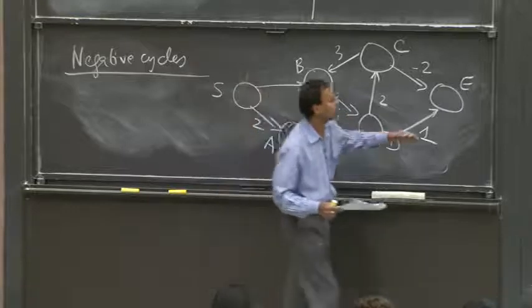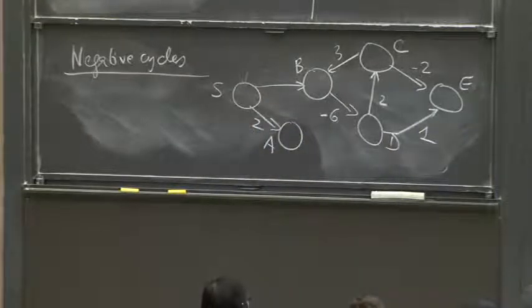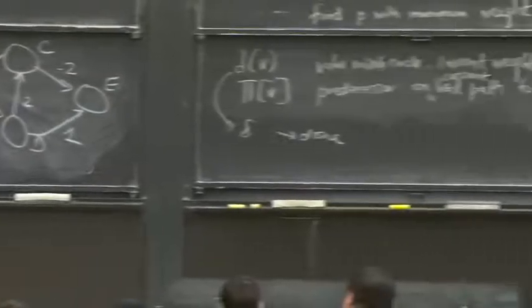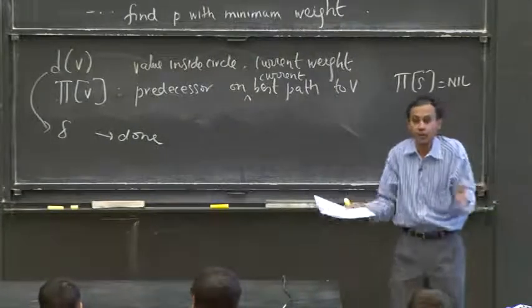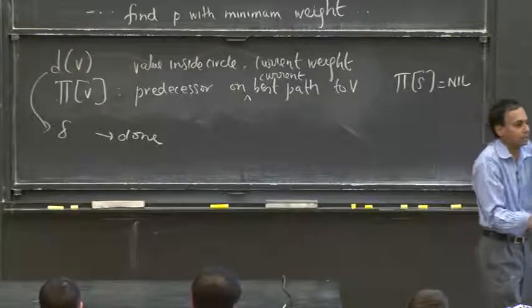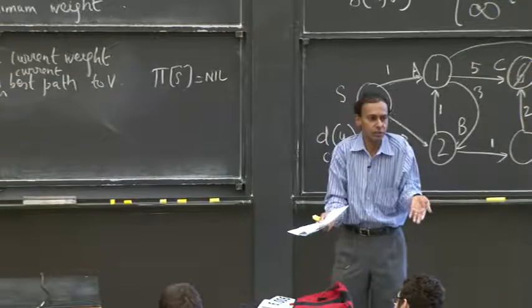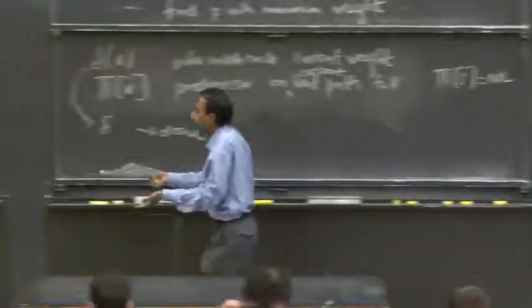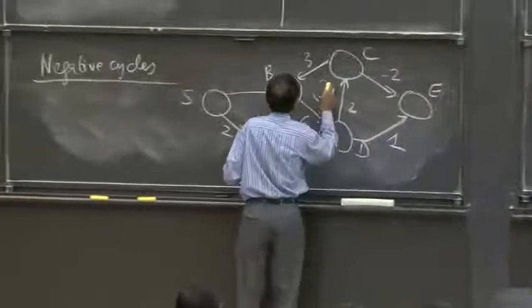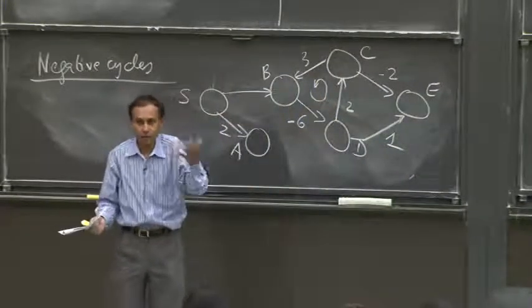So if you can't depend on the fact that the d's are going to keep reducing and that eventually they'll stop reducing. Well, that's true when you have non-negative weight edges, since they're lower bounded by 0. But if you have a graph with a negative cycle, this is a recipe for an infinite loop in your program.